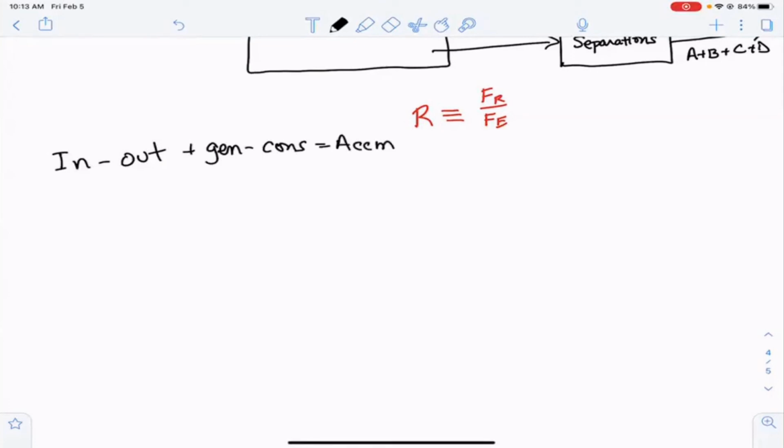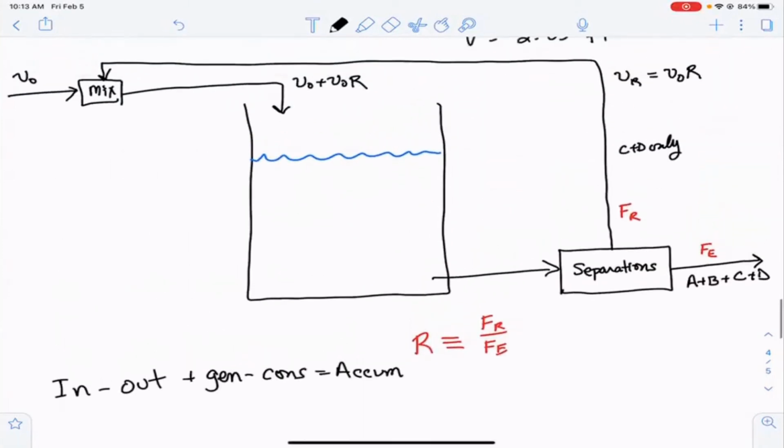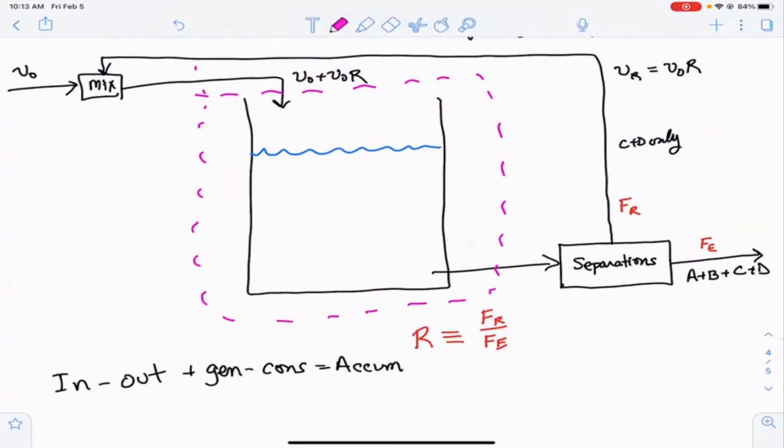And I wanted to start there because now, if we draw our boundary around the CSTR, we have different considerations here. So what comes in and what is leaving?